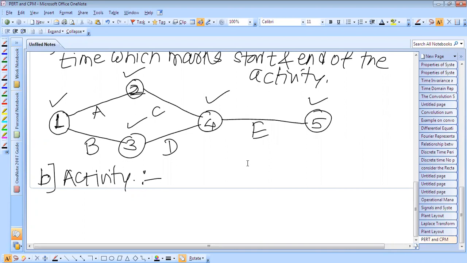An activity is an element of the project, and it may be a process, material handling, or material procurement.